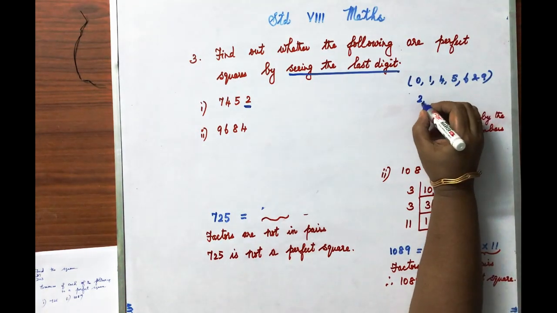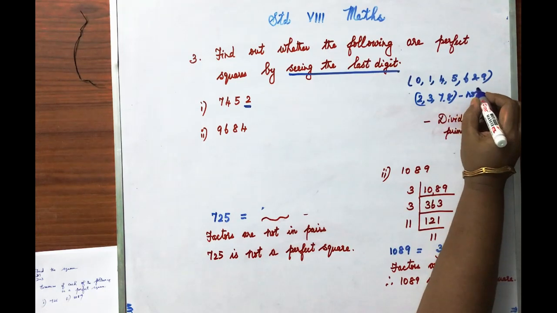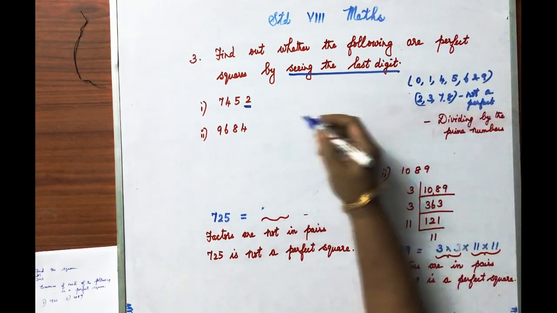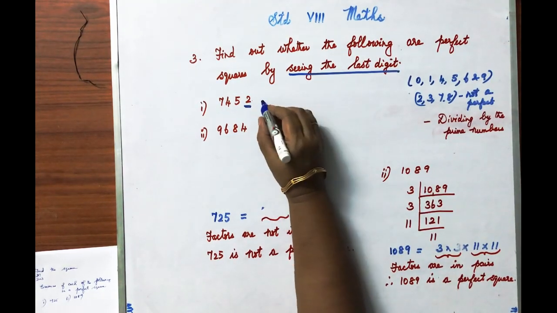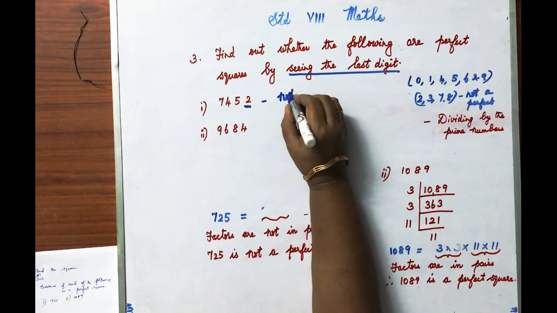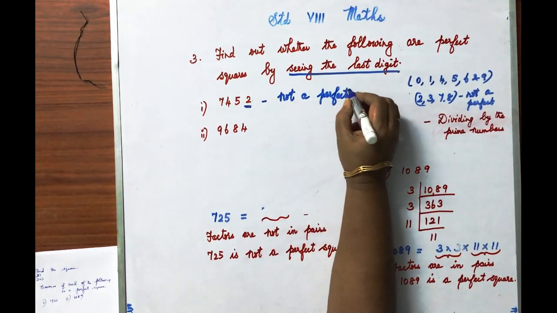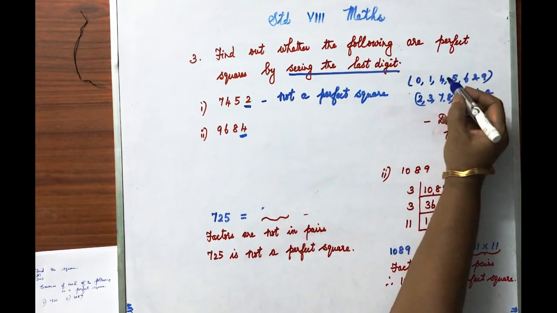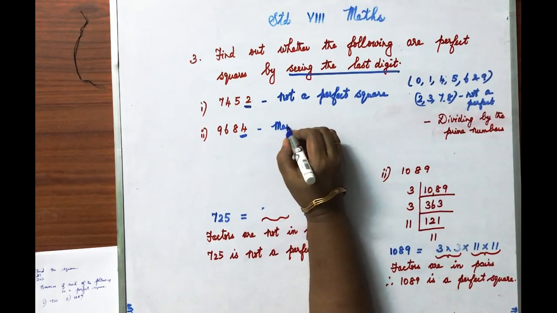If the numbers end with 2, 3, 7, 8, it is not a perfect square. Here the number ends with 4, so it can be or may be a perfect square.